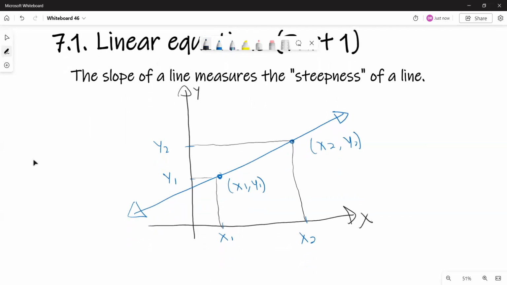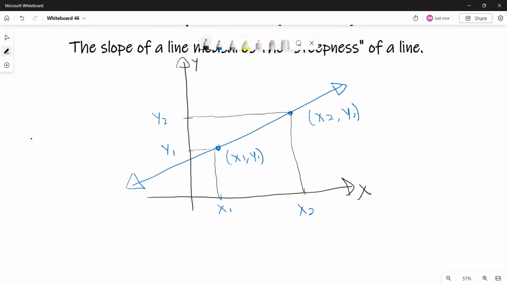So the change in x, that is, whenever this line moves from the point x1, y1 to the point x2, y2, we need to consider the vertical and the horizontal displacement. The horizontal displacement is going to be x2 minus x1.